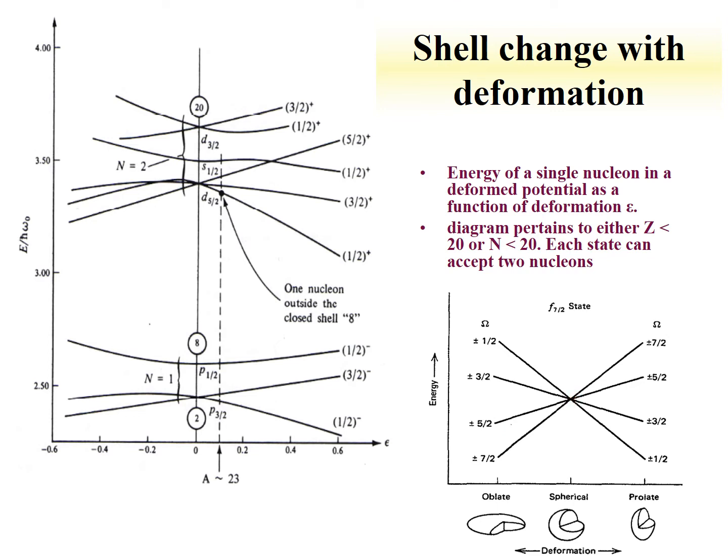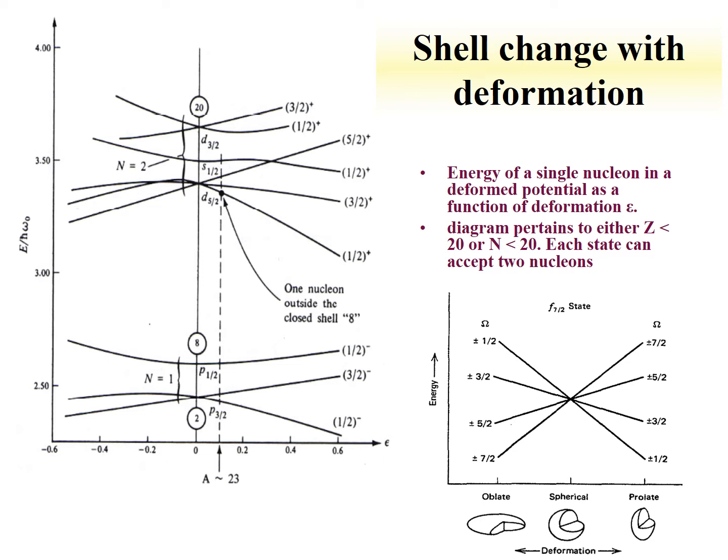So for instance, if it's spherical, this state represents the F7/2 state, so I can put 8 nucleons into this state. In a spherical state, as I'm filling up all the odd nucleons, all the unpaired nucleons would have the spin of 7/2, and the parity SPDF, so it would be 7/2 minus.